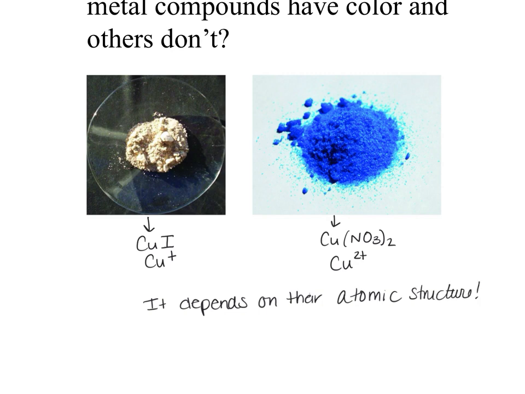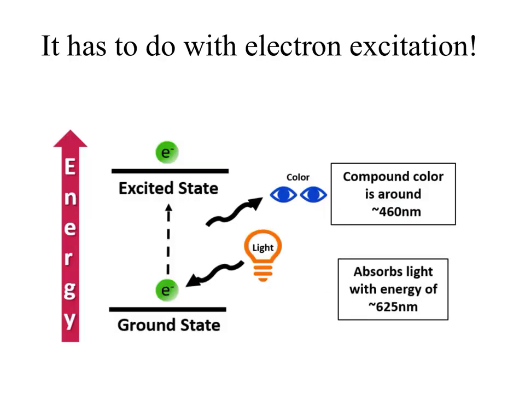Specifically, electron excitation. So remember, the electrons are outside of the nucleus. And one of the things that can happen is when these metals are exposed to light, the light is absorbed by the metal complex and it can excite the electrons. So the electrons, when they're in their normal state, they're in their ground state.